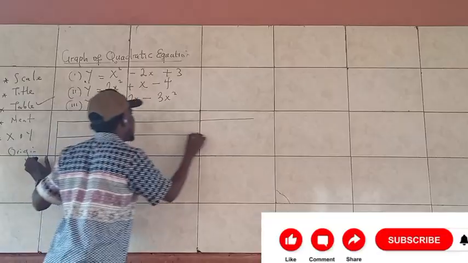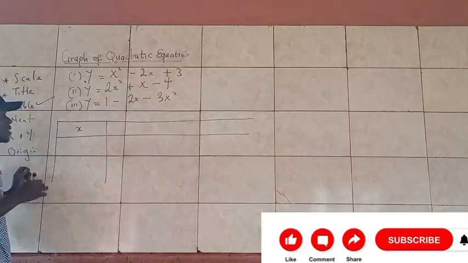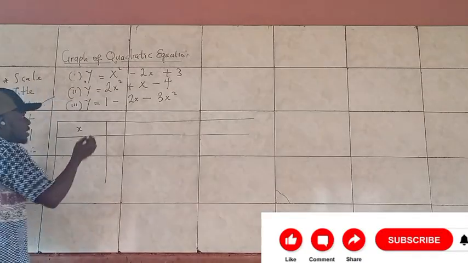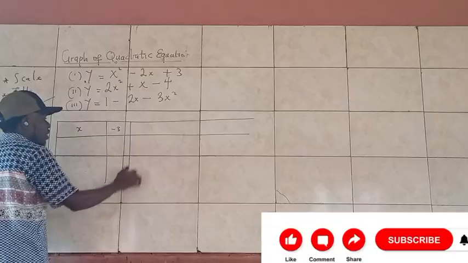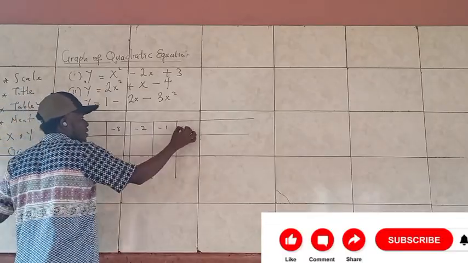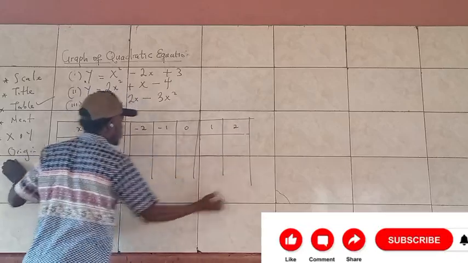You will be given an x range. Most of the time, these x ranges are given in inequality form, and sometimes you are given the liberty of choosing any x range you like. For the sake of simplicity, I'm going to take my range from -3 all the way to 2: -3, -2, -1, 0, 1, then 2.